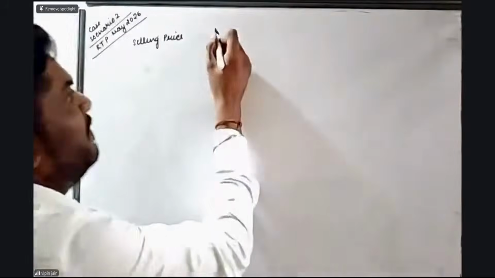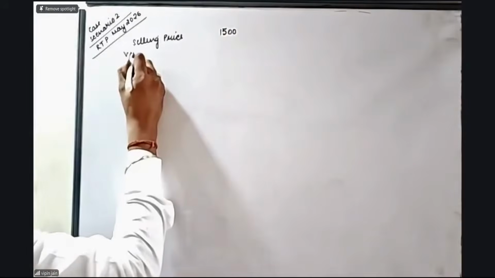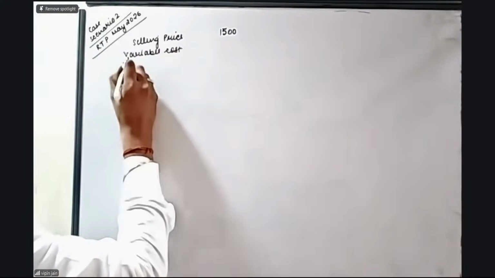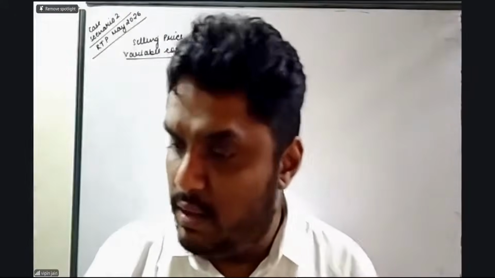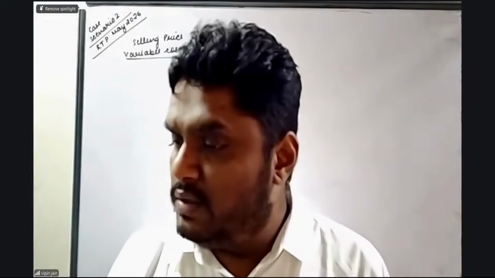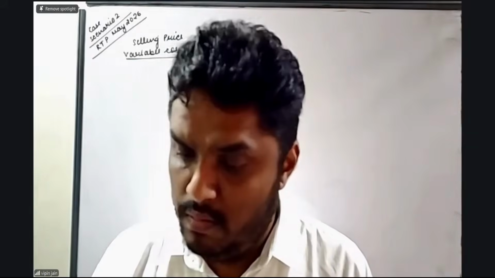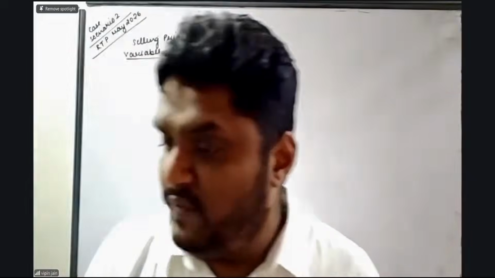So my selling price is how much? 1500. Variable cost is how much? See, the direct material cost is 7,500. So material cost is 150 rupees per shirt.